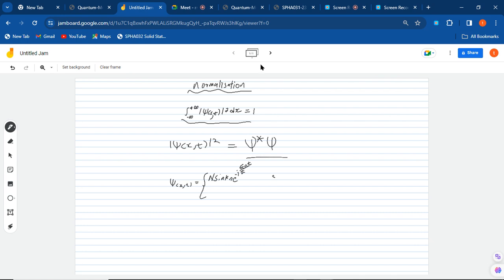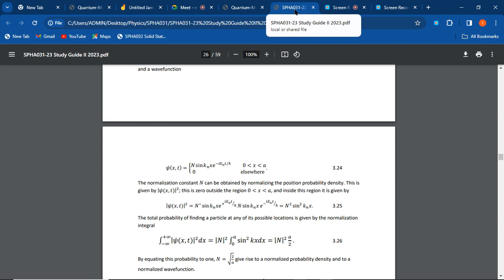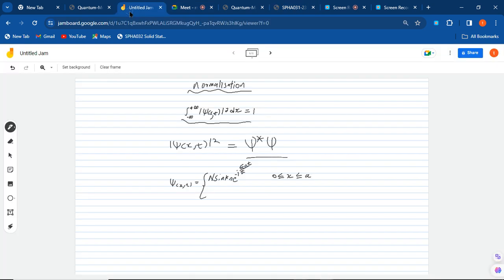It's defined from 0 to a, and they say it's 0 elsewhere. So we don't care about the other part; we're only going to care about this one.